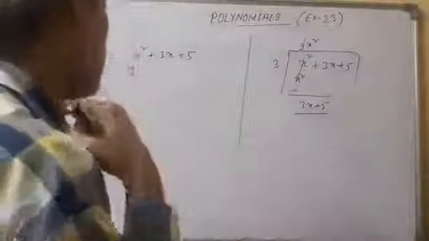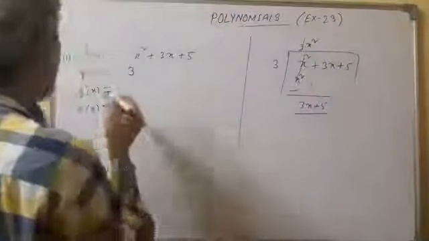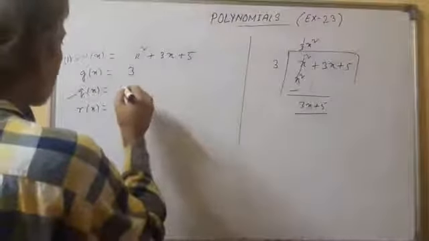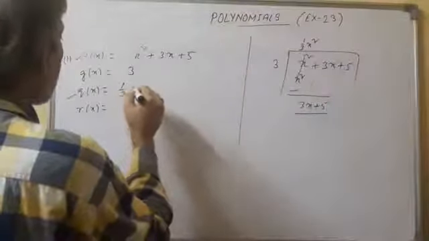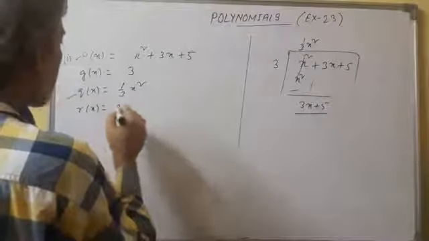So what we are getting? We are getting q(x) as 1/3 x^2 and r(x) as 3x + 5.